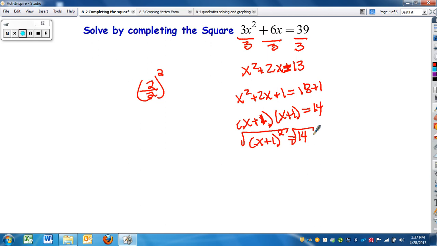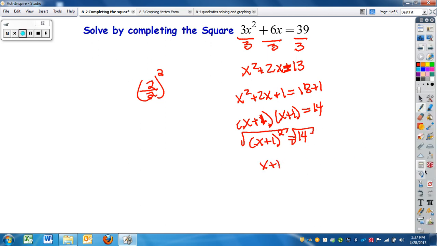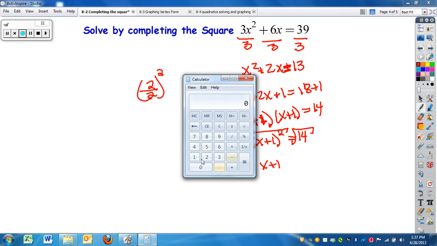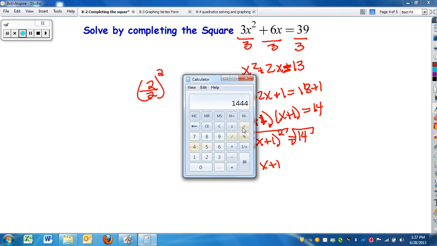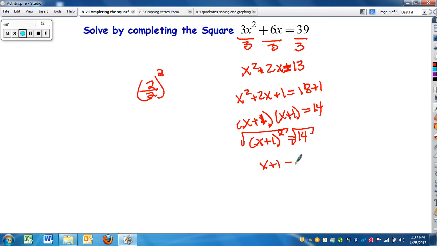Square root. X plus 1. Calculator. The square root of 14 would be 3.74, plus or minus 3.74. Alright.